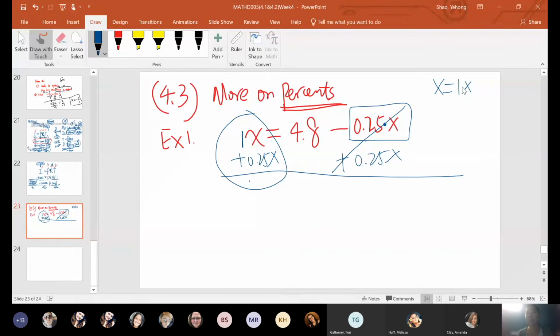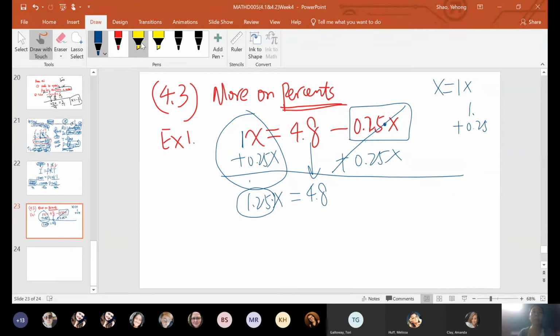So it's 1 plus 0.25, which is 1.25x, and you bring down the 4.8. Now we're going to divide both sides, because this time I just want to get rid of 1.25.